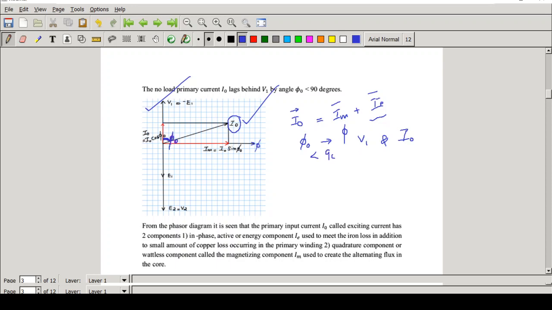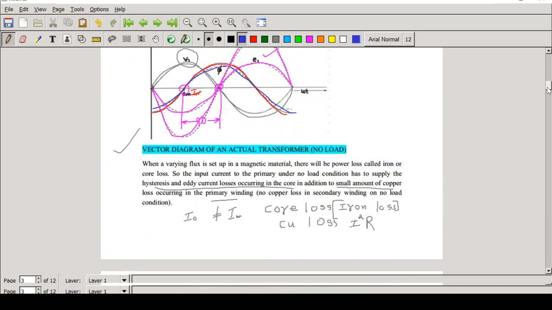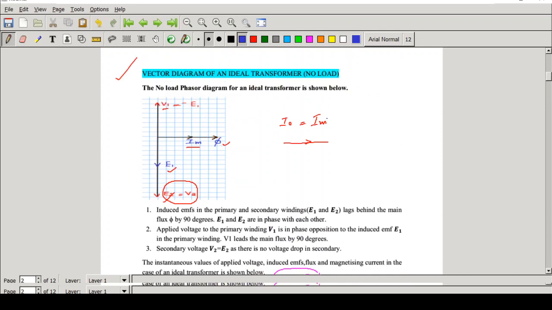Now let's look at the diagram which we discussed before. In the case of an ideal transformer, just see what the angle is between the input current and the input voltage. Here it is exactly 90 degrees, right? So here phi 0 is 90 degrees. Phi 0 is the angle between the input voltage and the input current, and in the case of an ideal transformer it is 90 degrees.